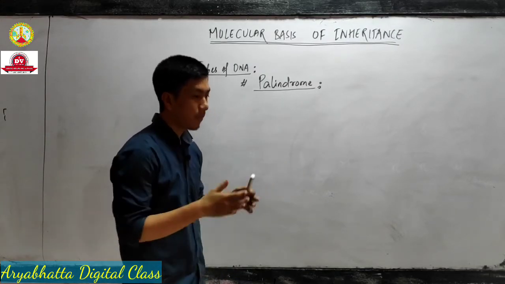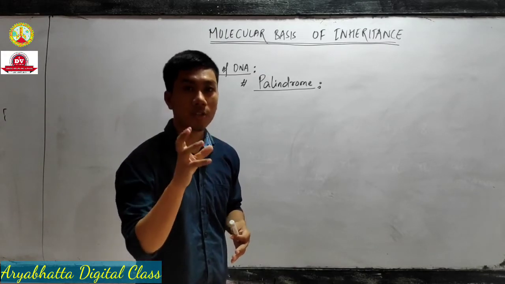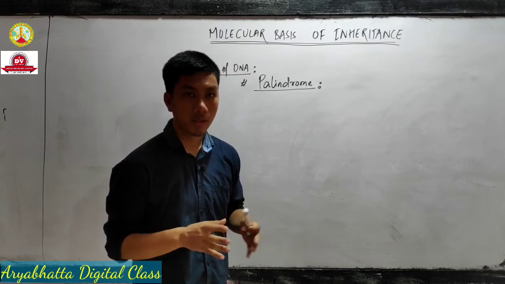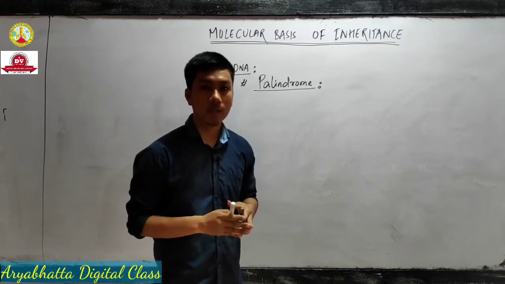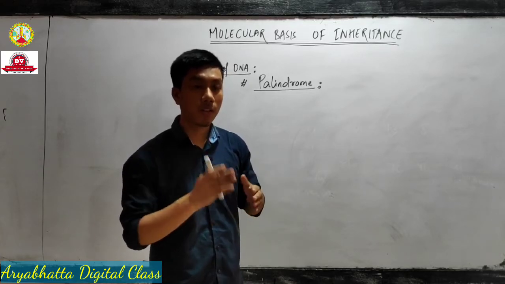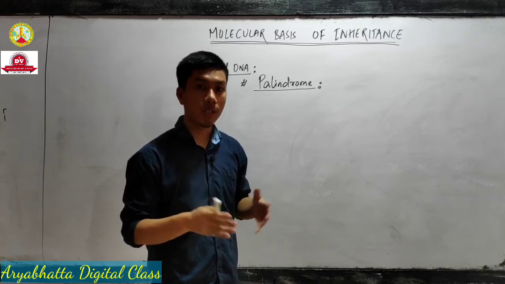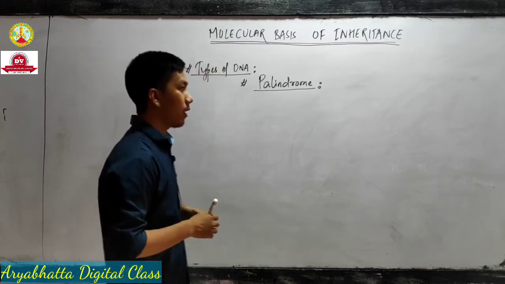What is a palindrome? A palindrome is a sequence of nitrogenous bases which, when we read in both directions, we read the same. You will understand.